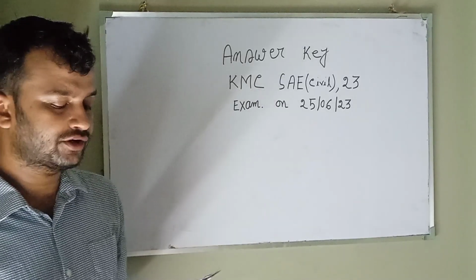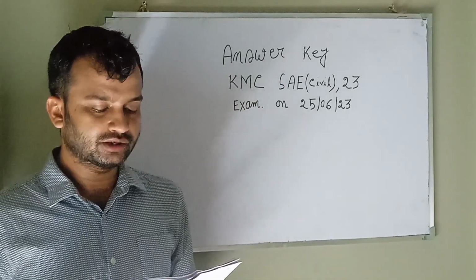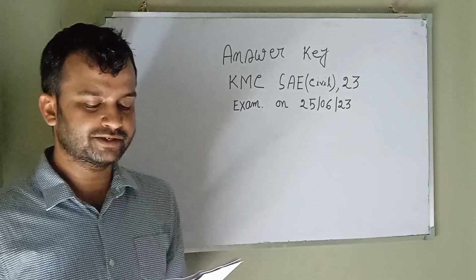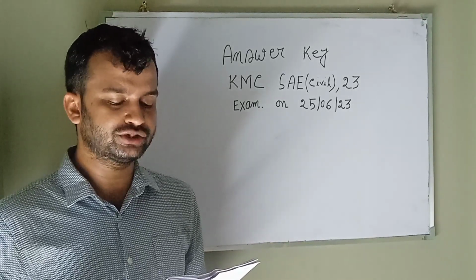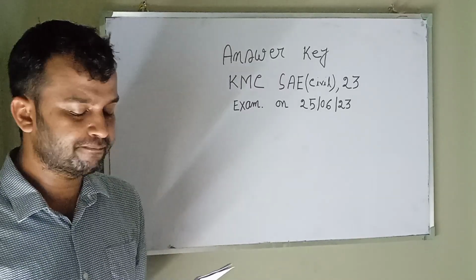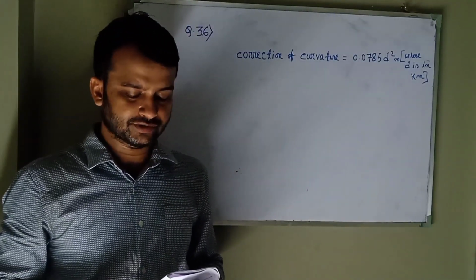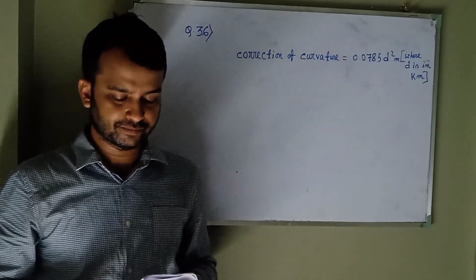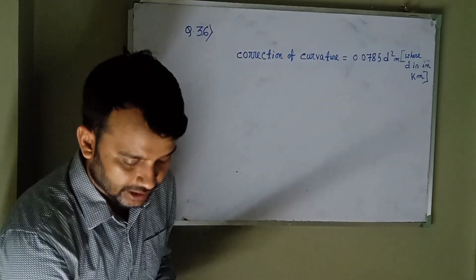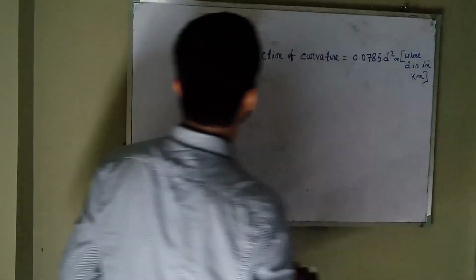Next question number 46. Moving with simple harmonic motion, the maximum displacement of a body from its mean position is called, here the correct answer is option A, amplitude. Next question number 47. The correction of curvature for a distance of 100 meter is, to calculate this question you have to remember the formula.